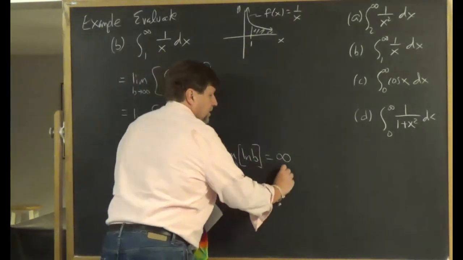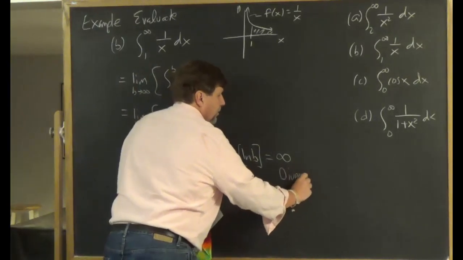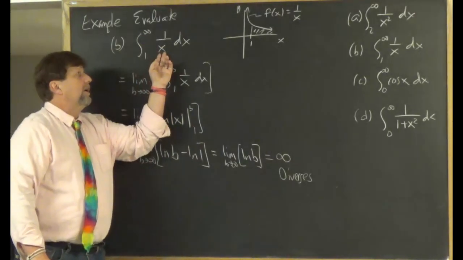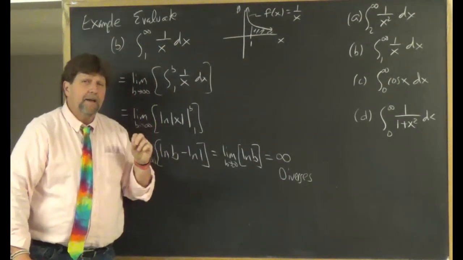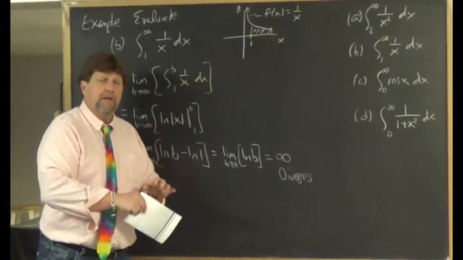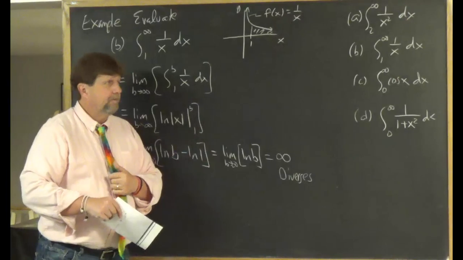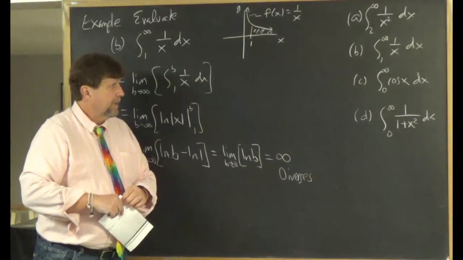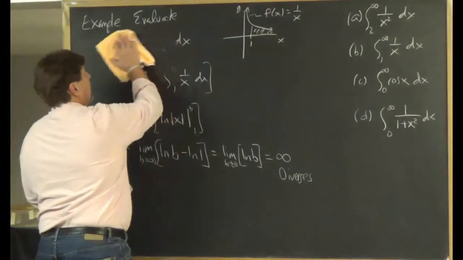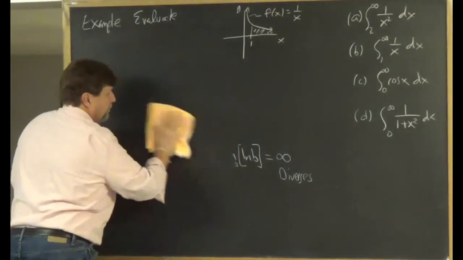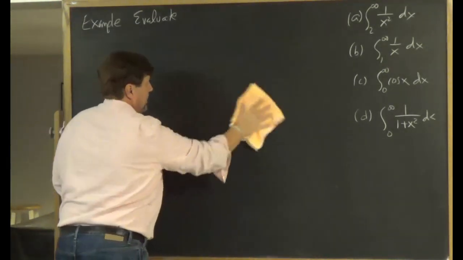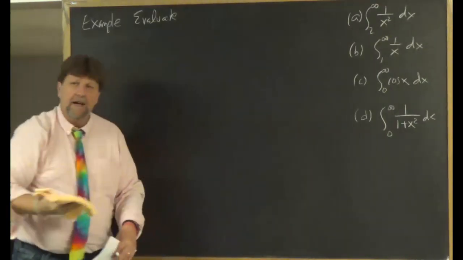Vocabulary: because we got infinity here, we would say that the improper integral from 1 to infinity of 1 over x dx diverges. The limit wasn't approaching a nice real number. All right, part C. I have a gut feeling, without doing any work whatsoever, that C is going to diverge.